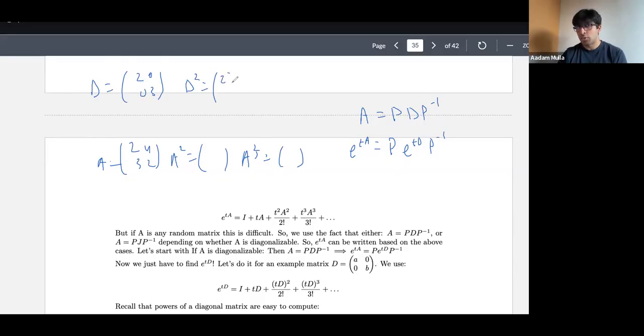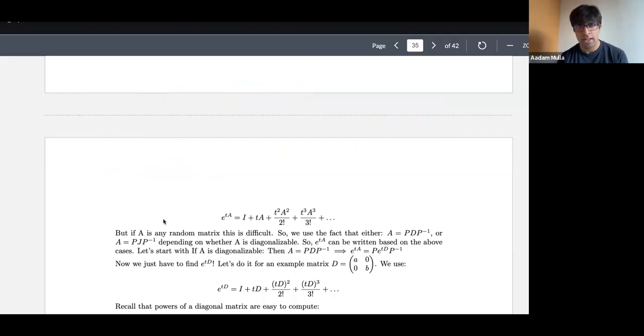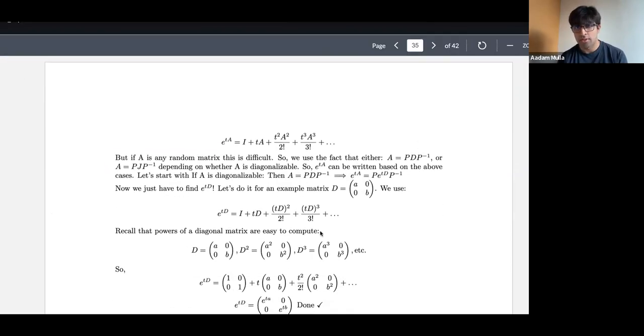So d squared is going to be 2 squared, 3 squared, which is going to be 4, 9. So it's easy to find d to the power of n. It's much simpler. Okay, so that's why taking these diagonal powers is easy to compute.